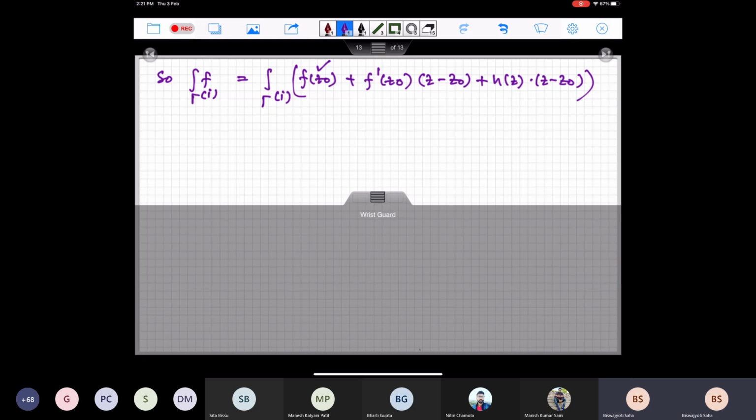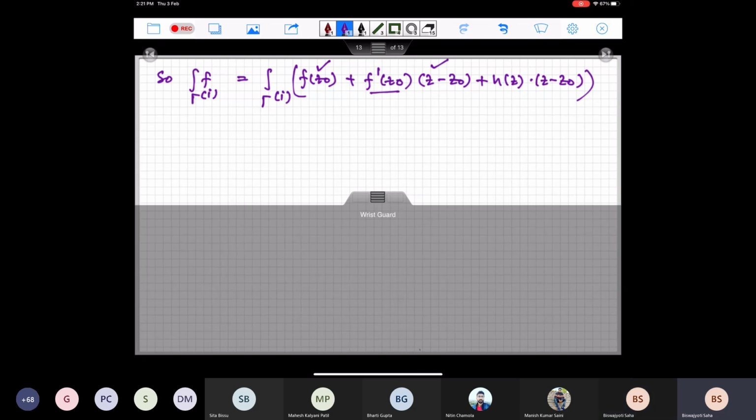Now again, f prime of z naught is constant, and this part z minus z naught is a polynomial function in z, right? So can I say something about the integral over gamma I for this particular factor? Again zero. Why?